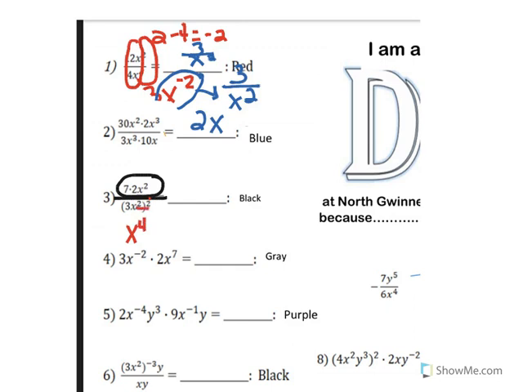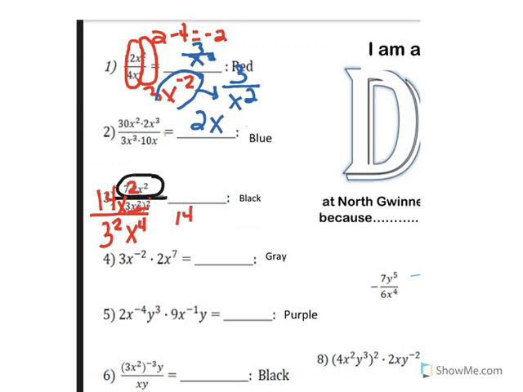We're also going to distribute it to the 3, because the 3 and the x are 2 separate things. So we have 3 to the 2nd power on the bottom. Then for the top, you have 7 times 2, which is 14, and x to the 2nd power.